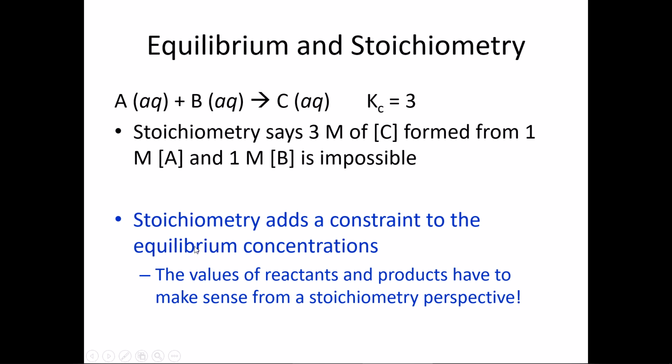Our stoichiometry says that 3 molar of C formed from 1 molar A and 1 molar B would not work. We couldn't do that. But if we only made 1 molar of C, that wouldn't fit our equilibrium. So we have to consider both stoichiometry and our equilibrium constant K.